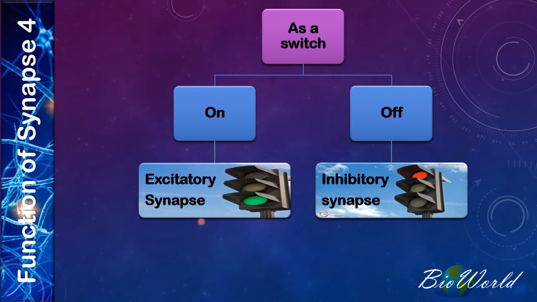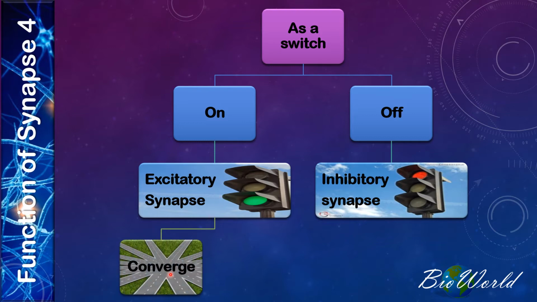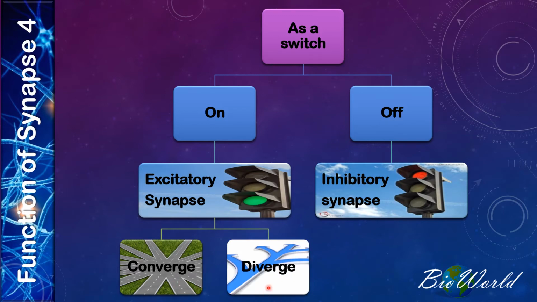The excitatory synapse can receive the impulse in two different ways. One is by converging, that is combining all the impulses that it receives, and the other is by diverging, that is receiving the impulse and then passing it to many different pathways.